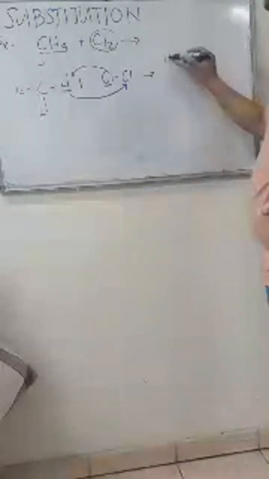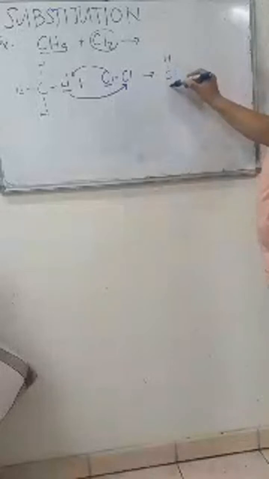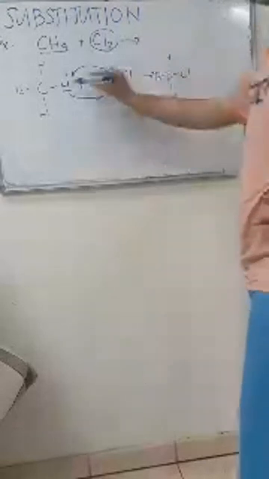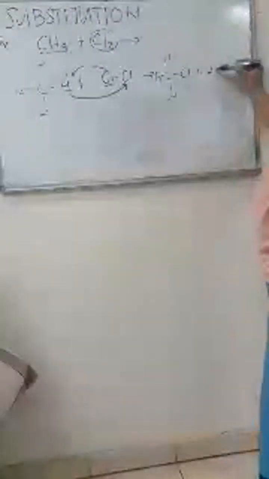So our product will be H, single bond H, then this one will go here to chlorine, then plus H will go here, hydrochloric acid.